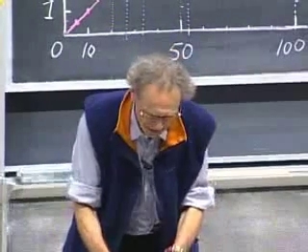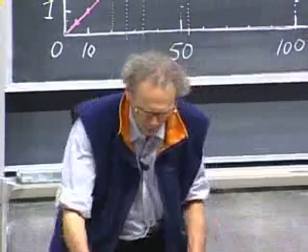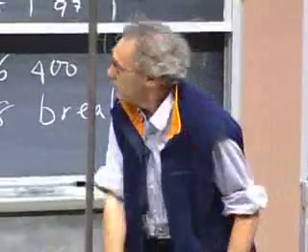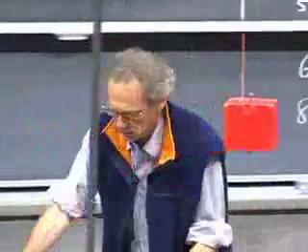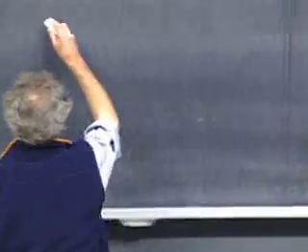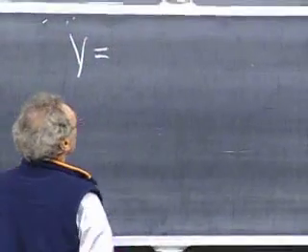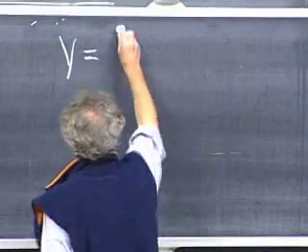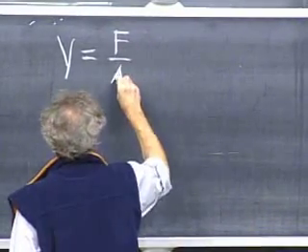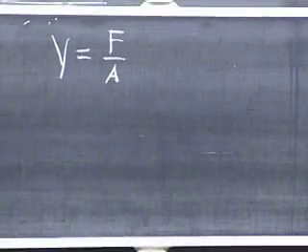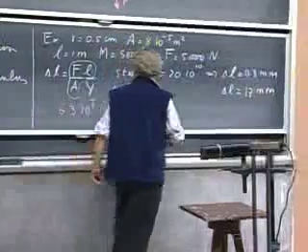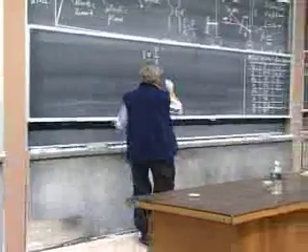Of course, you'll have to select a portion where you think that the data are reasonably linear. So Young's modulus itself equals F divided by A. You have here the equation: Young's modulus equals F divided by A times L divided by delta L.